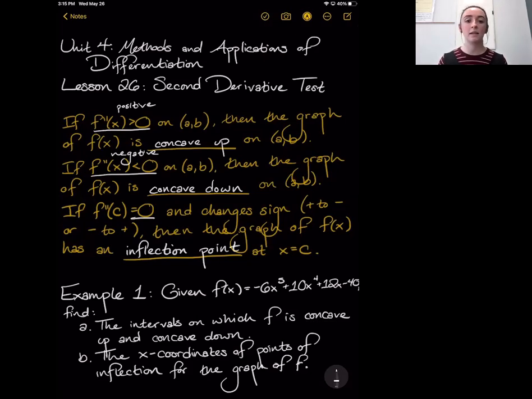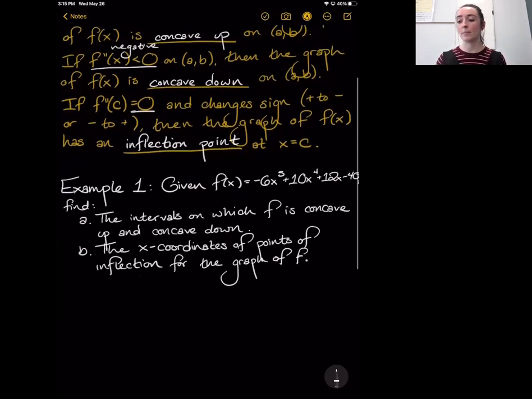If the second derivative is 0 and it changes sign, then we have an inflection point. So let's take a look at example number 1.